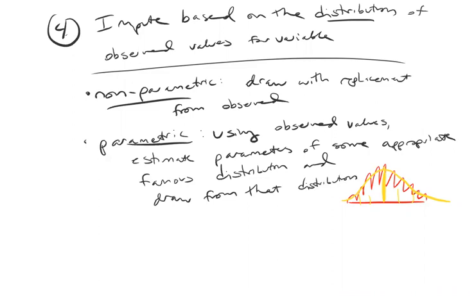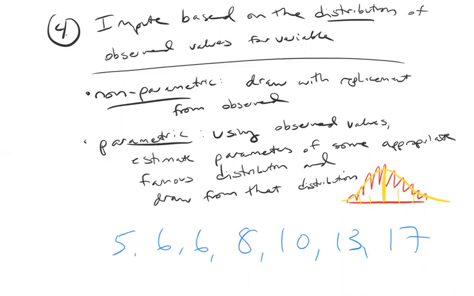So just comparing the non-parametric and parametric versions to each other, notice that in the non-parametric version, it's only possible to draw values that were actually observed in your data set. So suppose that in your data set for the education values, you have 5, and you have a couple of 6s, and somebody has an 8, and a 10, and a 13, and a 17. Suppose that's your data set.